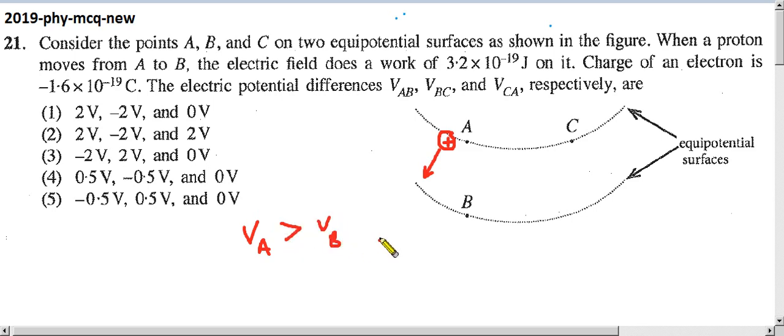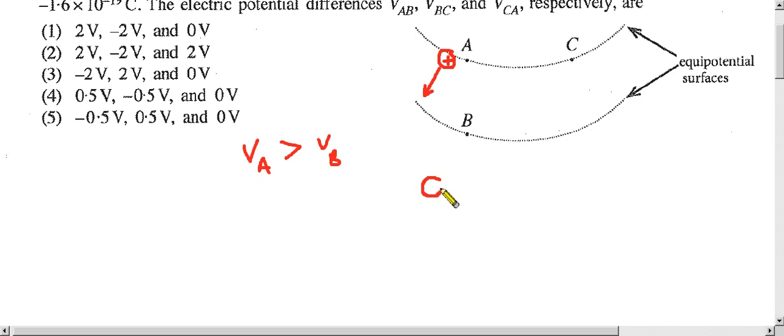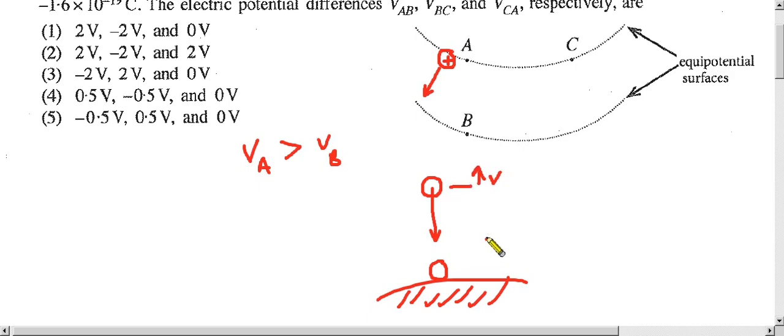VB is smaller. You know, a stone moves like that naturally from a higher gravitational potential to a lower gravitational potential point. A stone moves automatically without influence of any person, because this force is given by the field. F equals mg, we know. The force is given by the field.